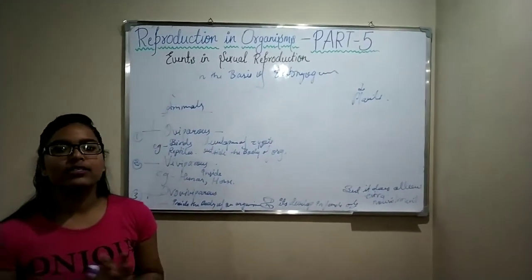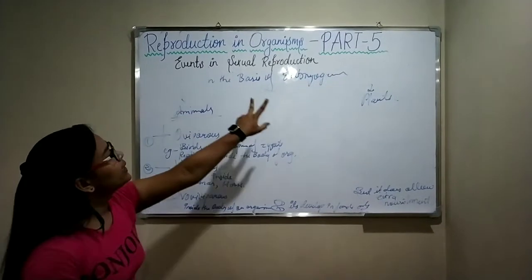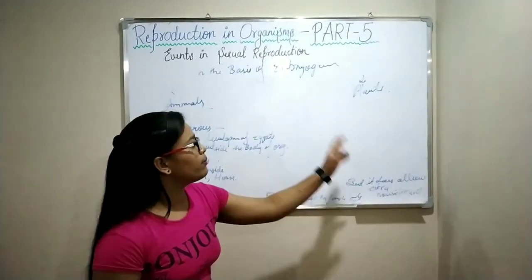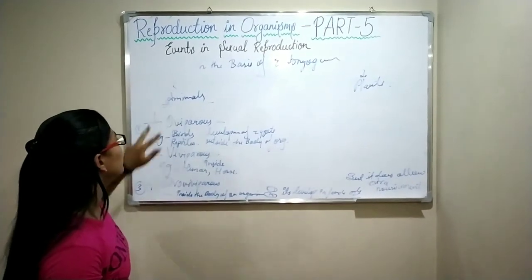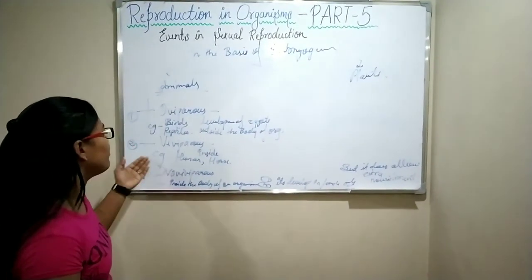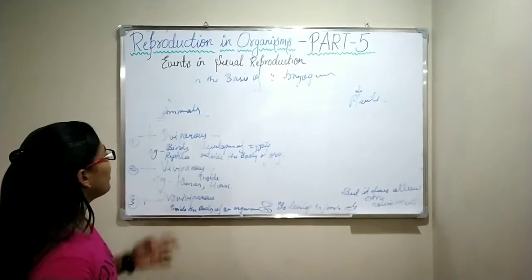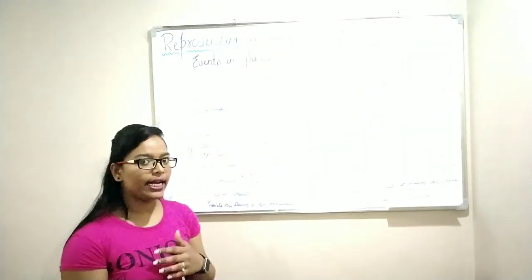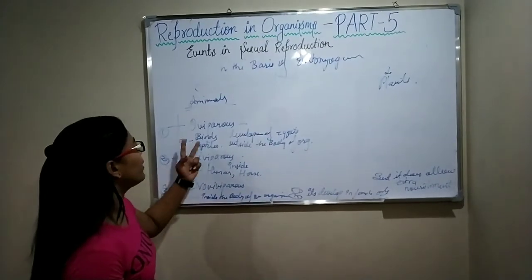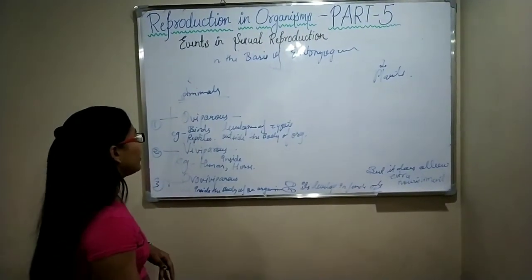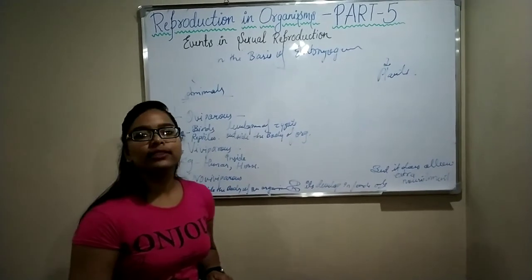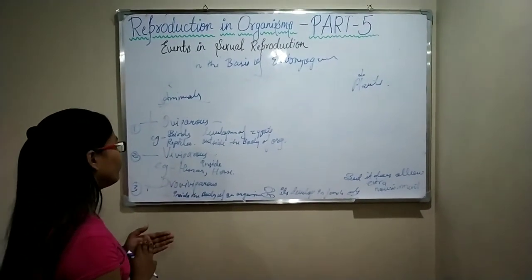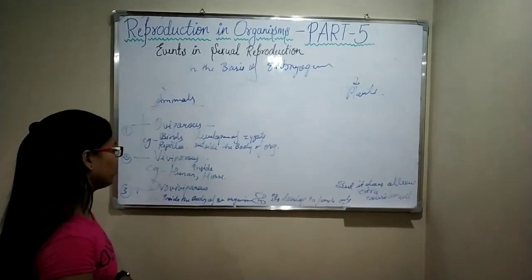I repeat once. On the basis of embryogenesis, we divide it into two: animals and plants. In animals, we have three types: oviparous, viviparous, ovoviviparous. In oviparous, development of the zygote occurs outside the body of an organism, for example birds, reptiles. In viviparous, development of the zygote occurs inside the body of an organism, for example human, horse.